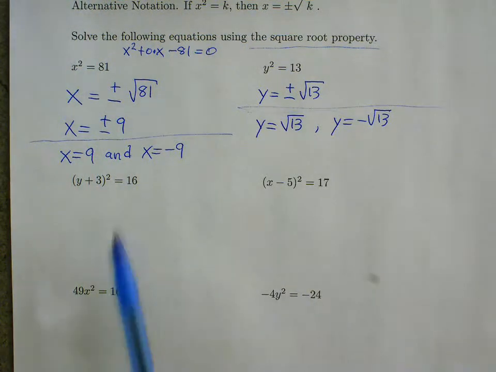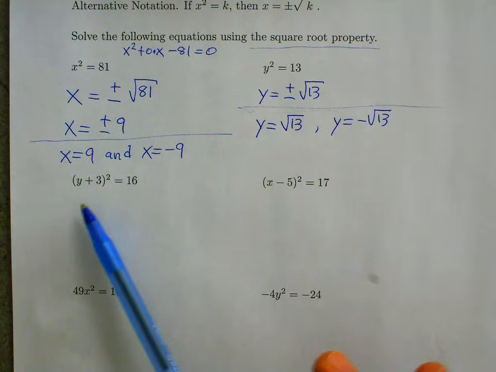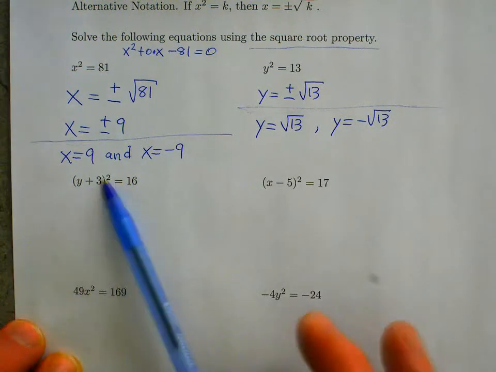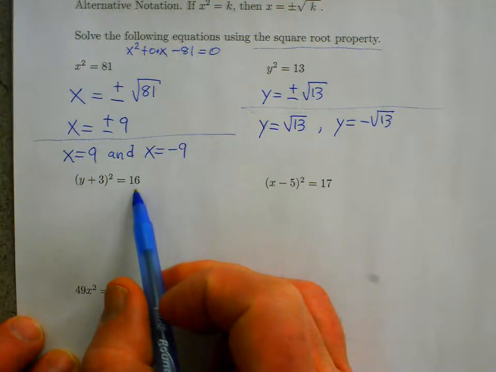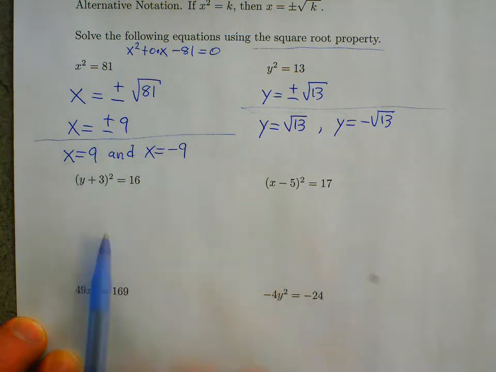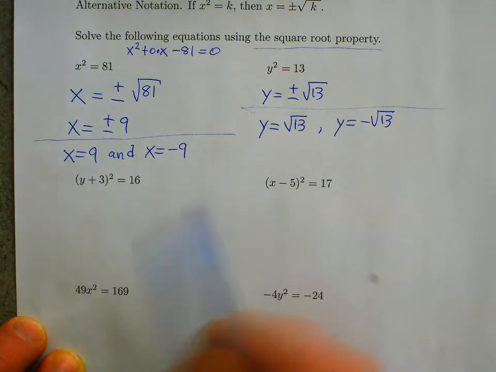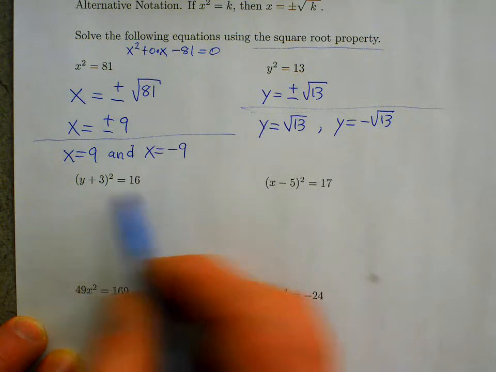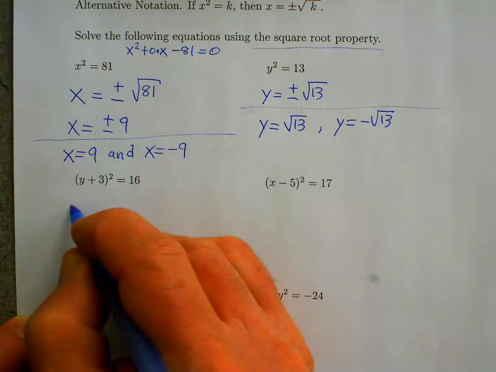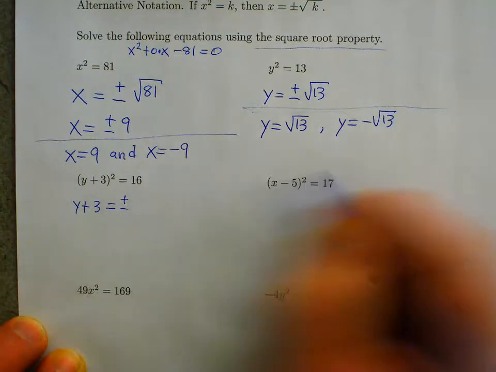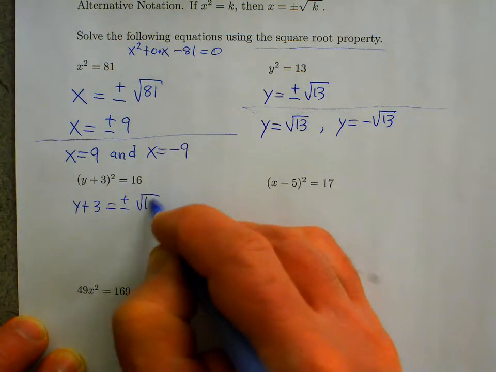Okay, the next equation, we have the binomial y plus 3 squared equals 16. Since we have a quantity squared equals a positive number 16, we can apply the square root property directly to this. So when we apply the square root property, we get y plus 3 equals positive and negative square root of 16.